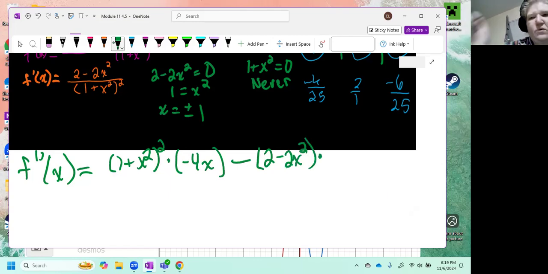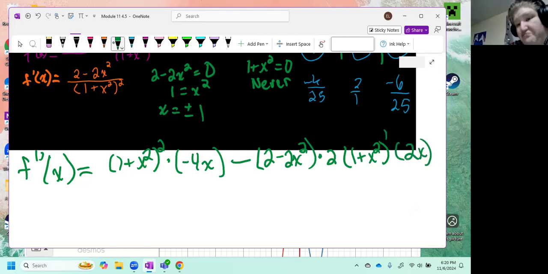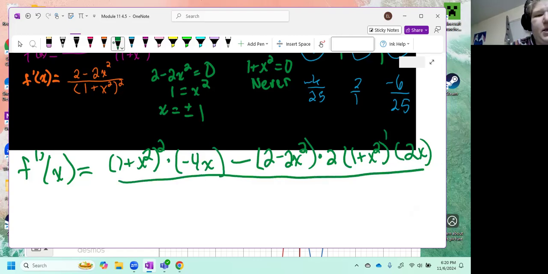So the bottom now, the 2 comes down, 2 times 1 plus x squared to the first times the derivative of the inside, 2x. So chain rule going on there, but we got it. Square the denominator, so that's 1 plus x squared, squared, squared, which the outer two 2's multiply and become a 4.